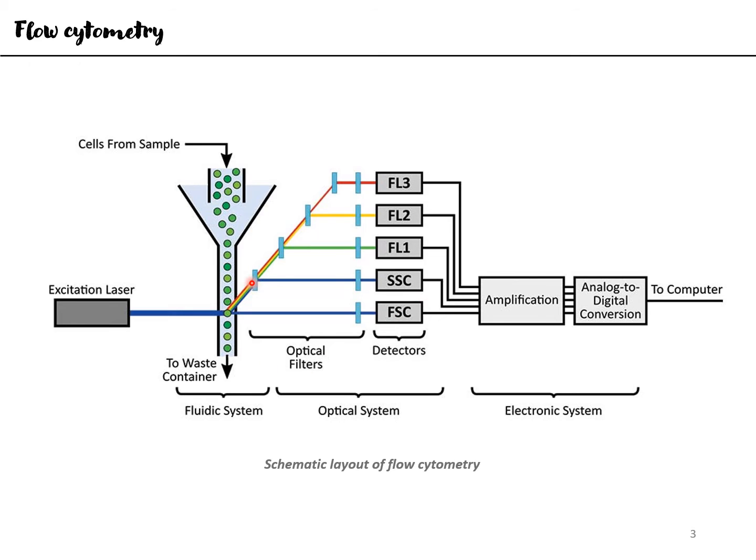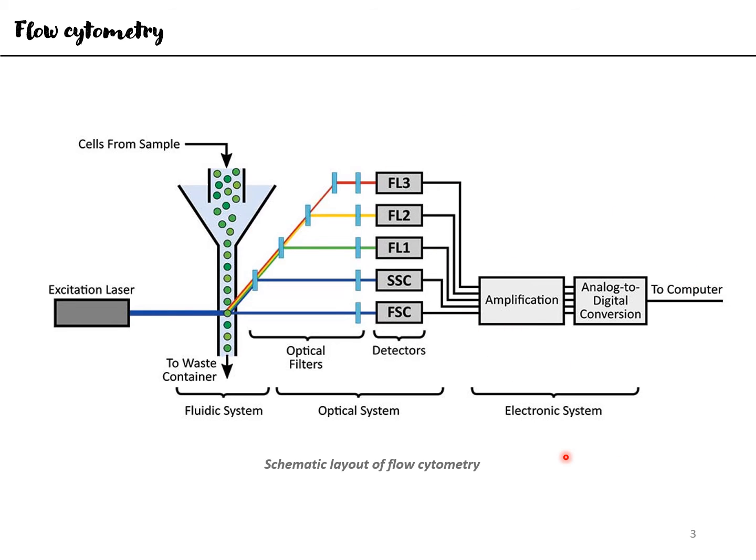Okay, so the system is so designed that only one cell will pass through the pathway of a laser at a time, and that is how it is supposed to work. And because this is the basic system where you're not really sorting the cells, as the cells pass through, they're going to a waste container. Once the detectors detect the signal, it will be amplified.